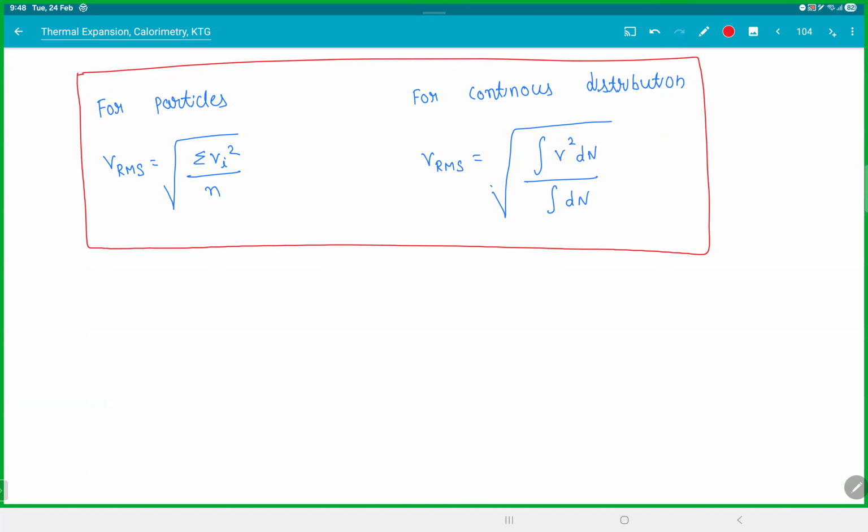Now for the Maxwell distribution, for that particular function, when you try to actually derive the formula, these results also you should remember.